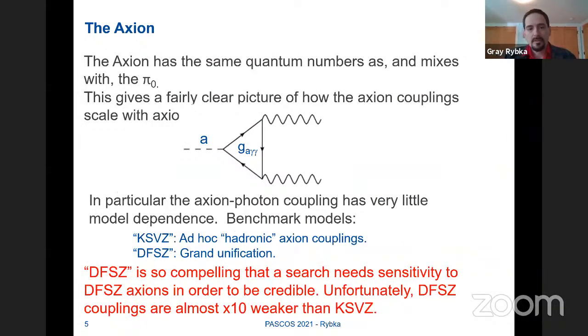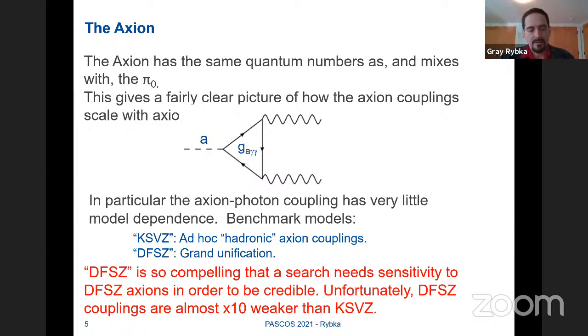And the axion looks a lot like a pi naught. For people in my business who are looking at light axions, the interesting coupling is axion to 2 photons, and that diagram there. It's nearly model independent. Well, I would say that classically it's model independent. You can just calculate that coupling, and there's really only a little wiggle room.